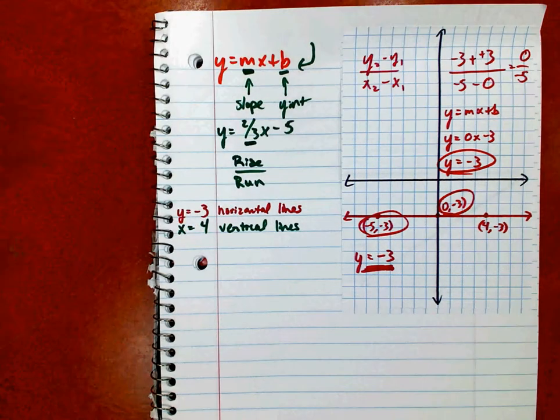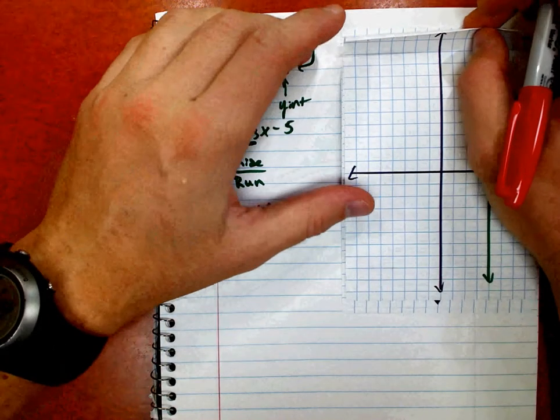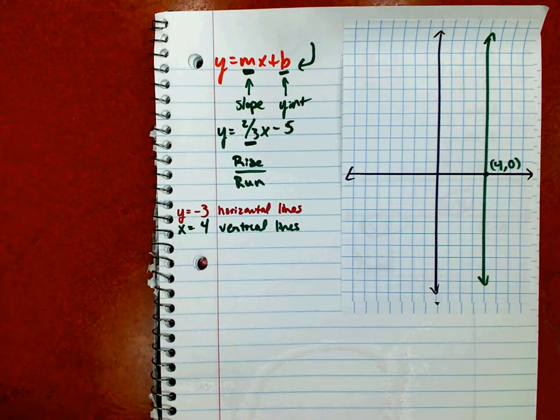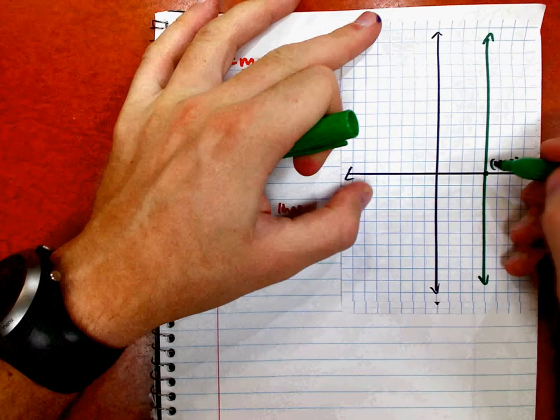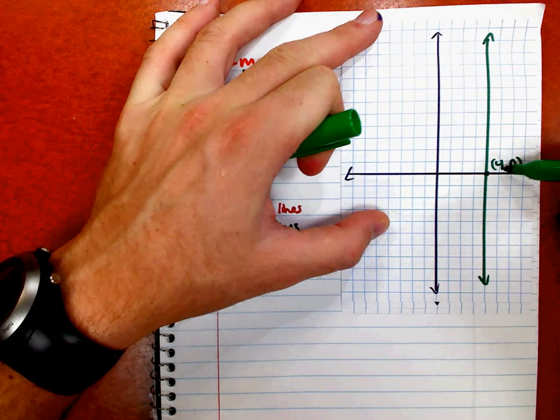Let's take a moment to look now at the vertical line. Vertical lines are a little bit more tricky. But just like with the horizontal line, we can use the same justification that every point on here is going to have an x-coordinate of 4.